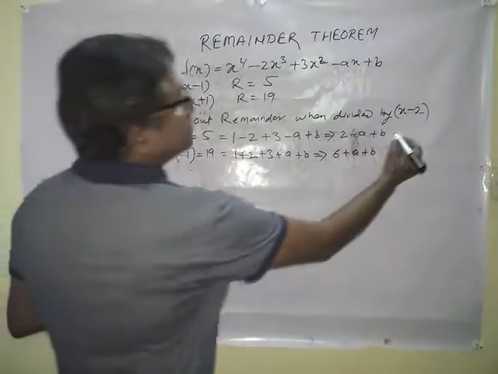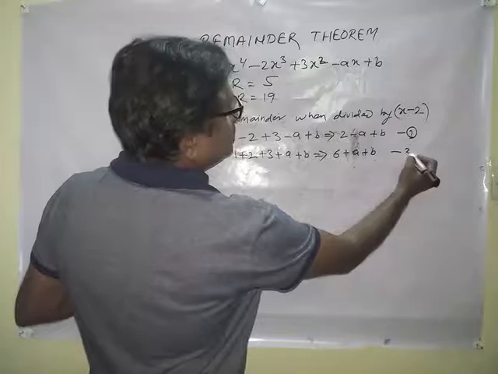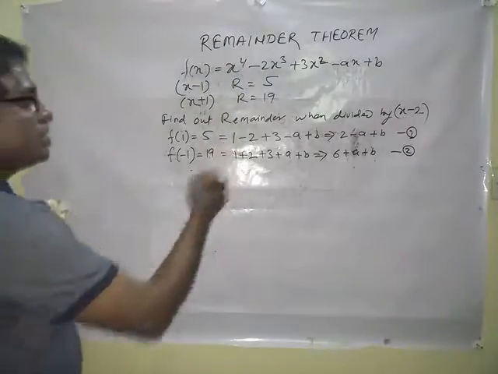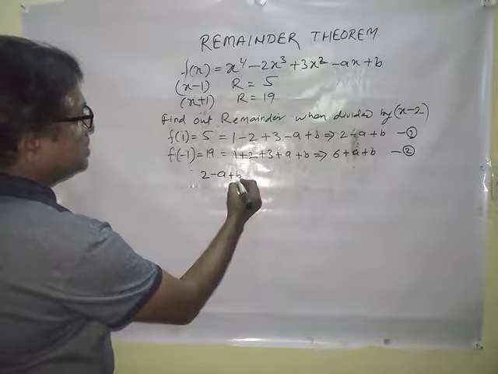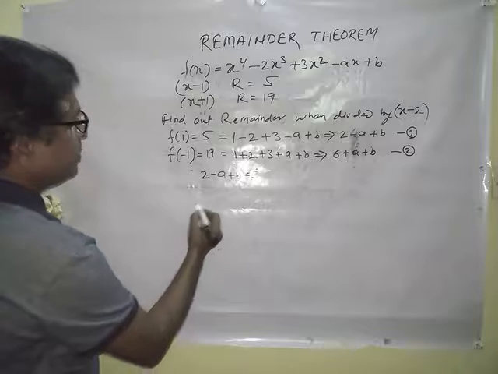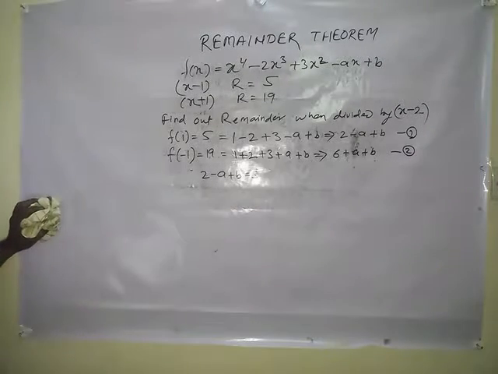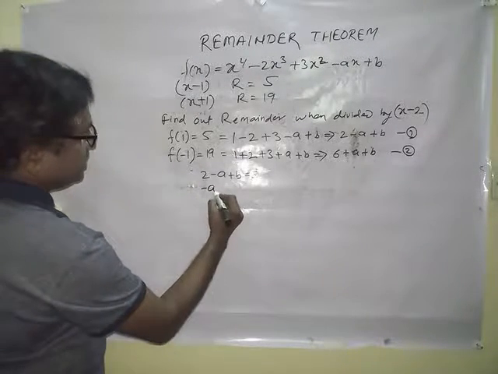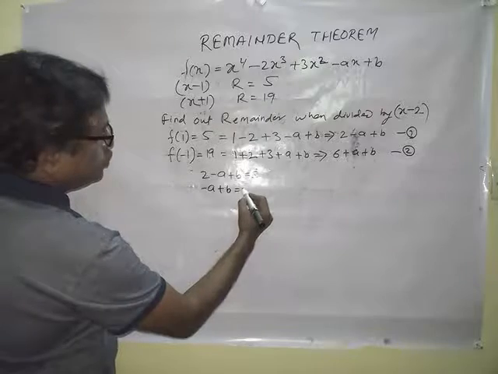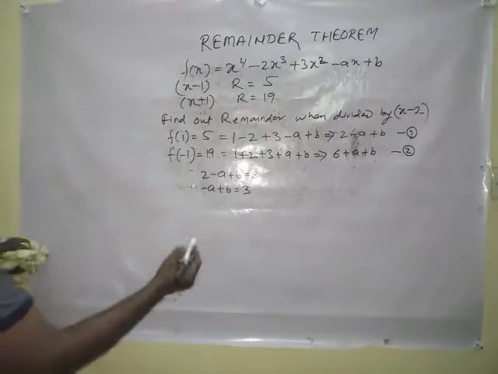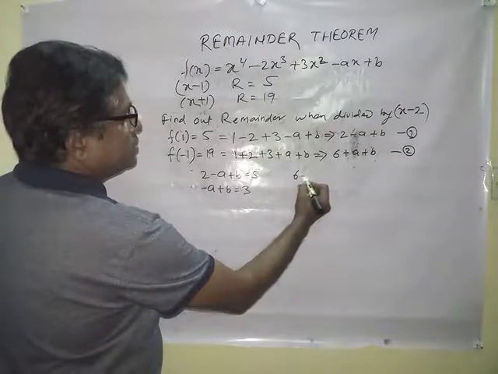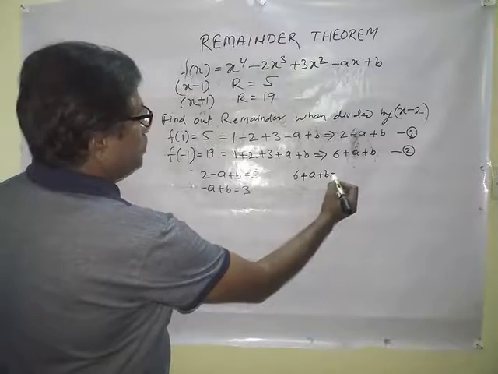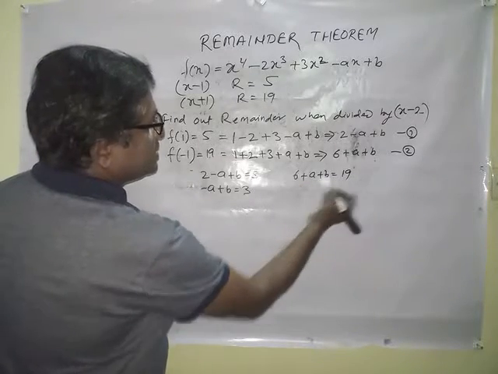Now this is equation 1, this is equation 2. Let us solve this. 2 minus a plus b equal to 5. So take this 2 here. So minus a plus b equal to 3. This is derived from equation 1. Here 6 plus a plus b equal to 19. Take 6 here.